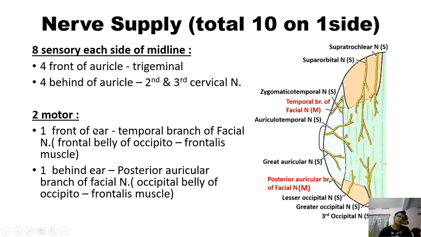The 2 motor branches: one in front of the auricle, the temporal branch of the facial nerve, a motor branch which supplies the frontalis belly. And the posterior auricular branch of the facial nerve supplies the occipital belly.